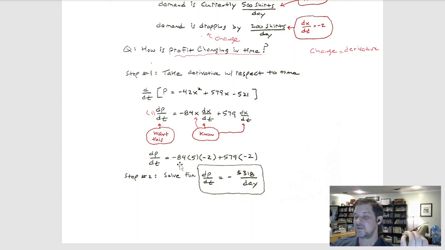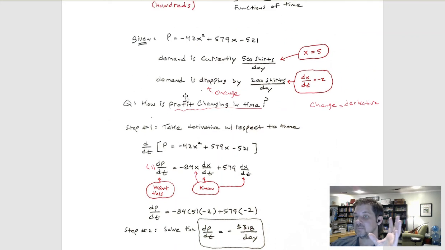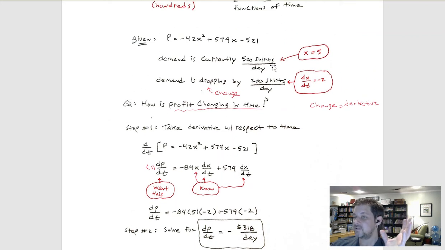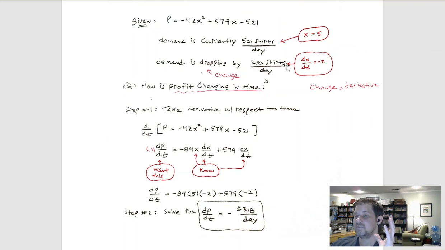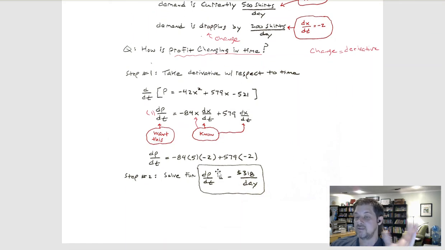So with some calculations here, I get the number negative 318. So that says throughout all this, because of what the demand for t-shirts currently is, and because of how fast it's dropping, the profit is falling by $318 per day.